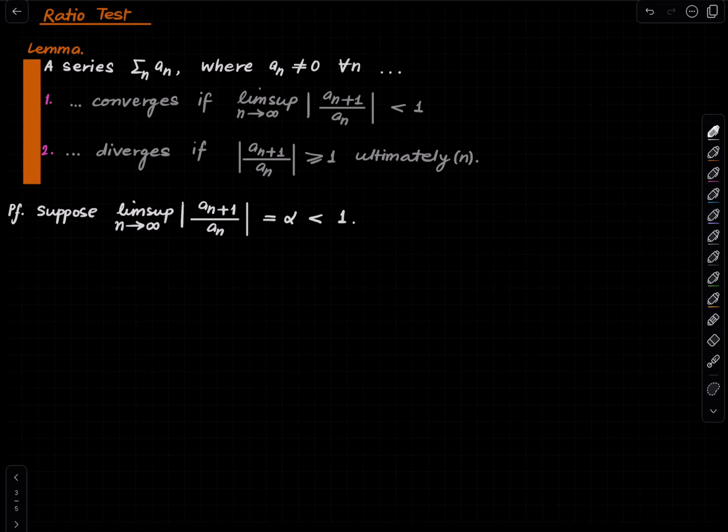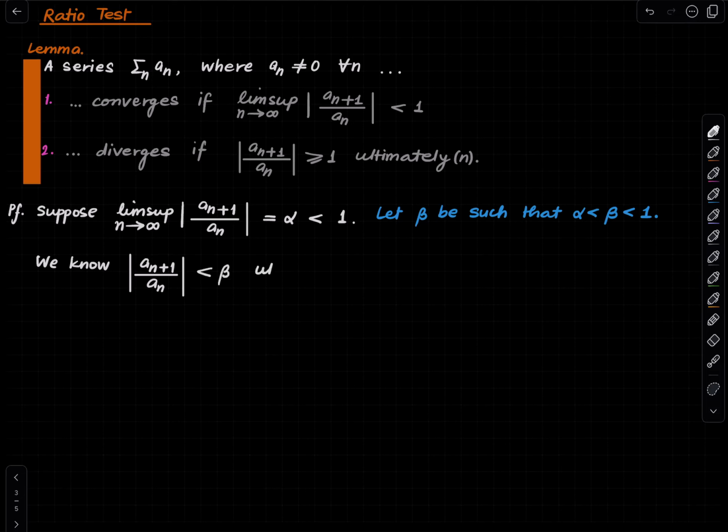So let beta be such that it is between alpha and 1. And now, by the definition of lim sup, we know that this ratio must be less than beta ultimately.